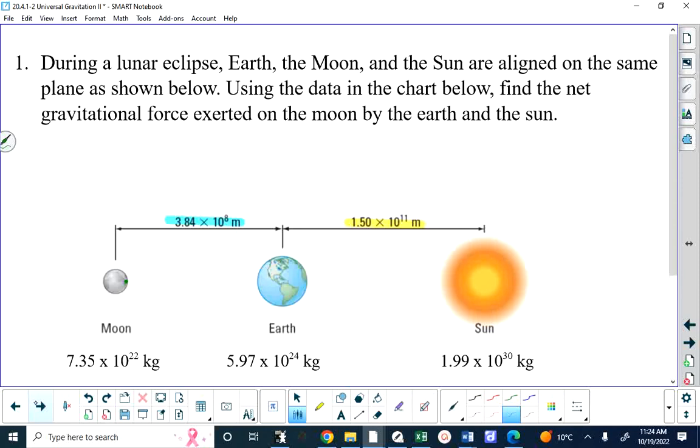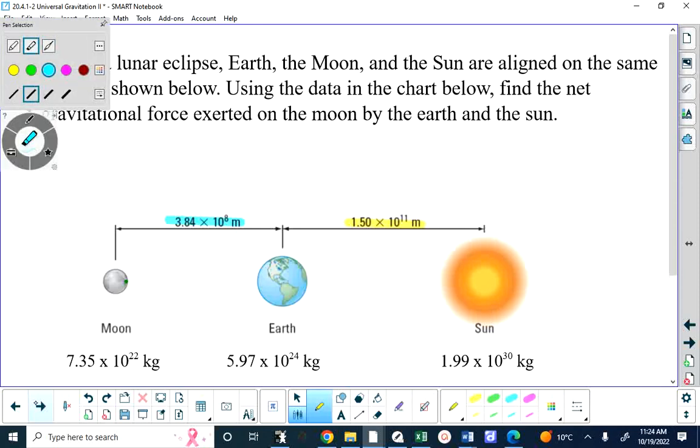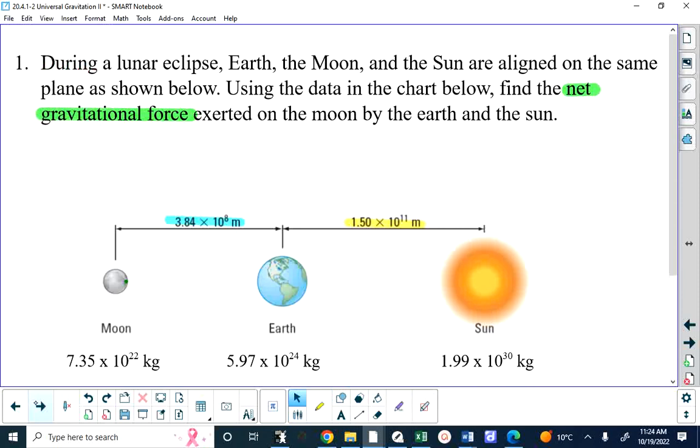And the word net, when you look at net gravitational force, means total. So if we want to determine the total gravitational force acting on the moon, we have to calculate the gravitational force acting on the moon because of its attraction to the Earth, and the gravitational force acting on the moon because of its attraction to the sun.